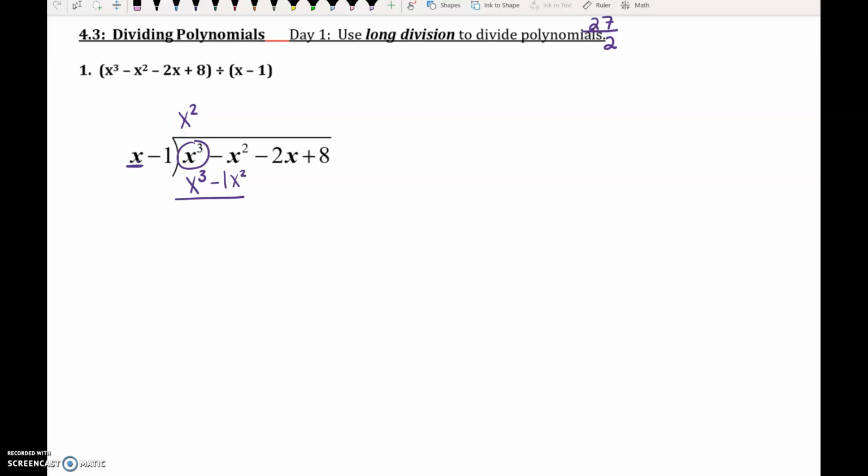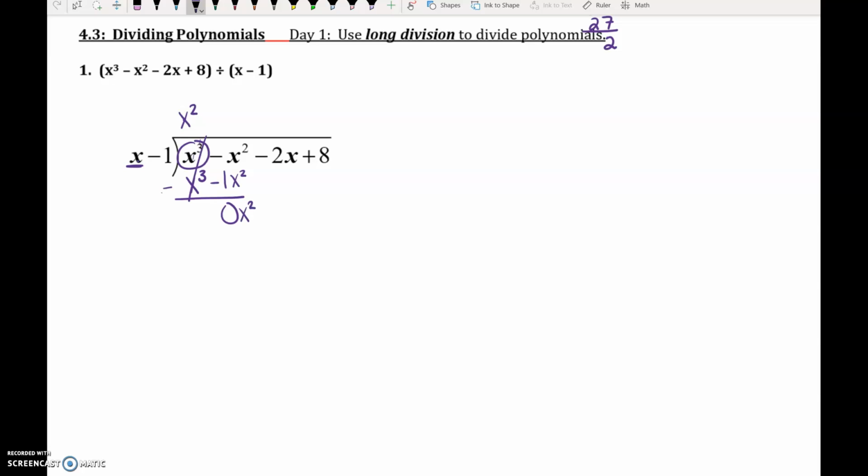What do you suppose we're going to do with these numbers? We are going to subtract. x cubed minus x cubed, those will cancel each other out. They always should cancel each other out. -x squared minus a -1, so -1 minus a -1 is 0x squared.